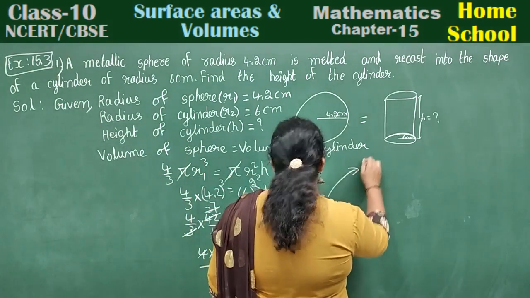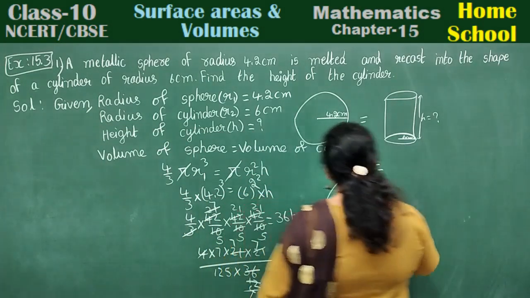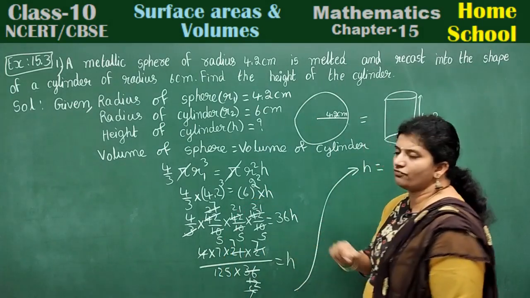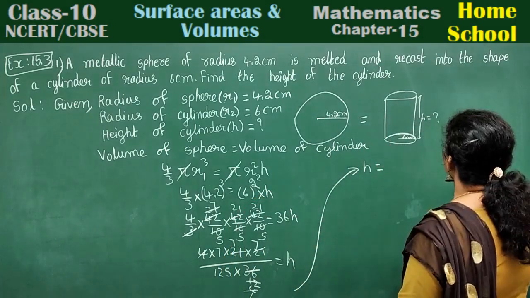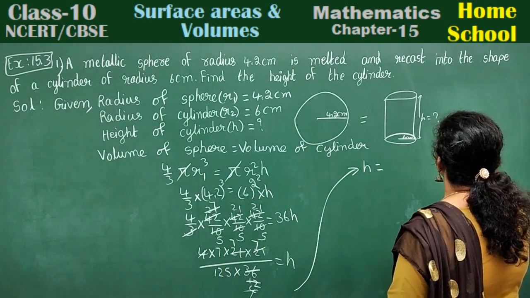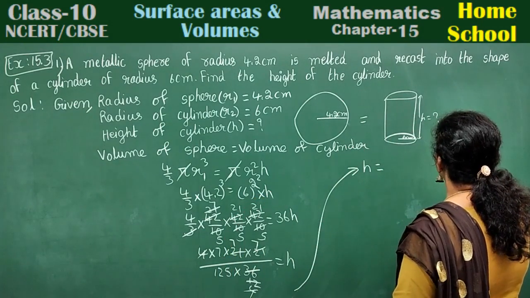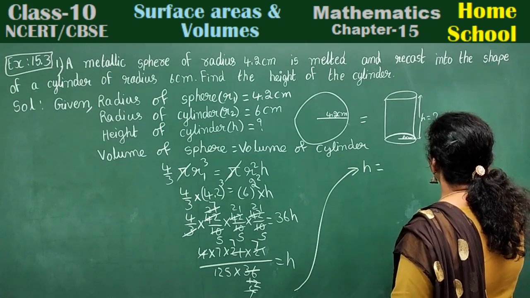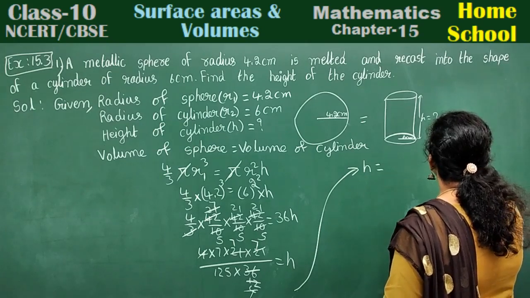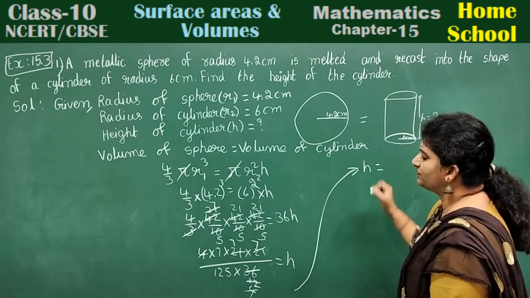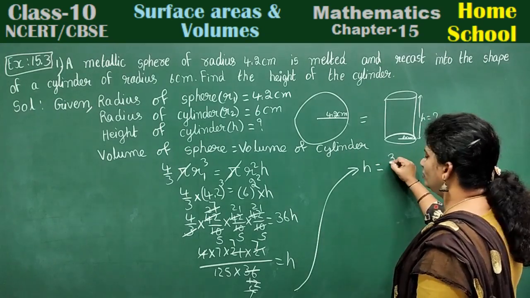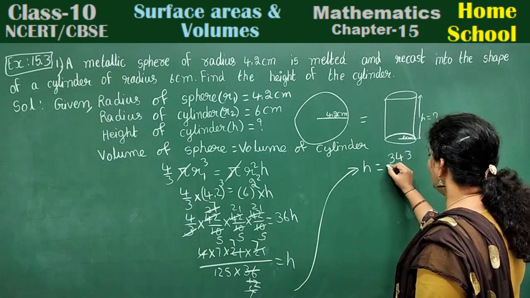H is equal to 7 7s are 49, 49 7s are 343. H is equal to 343 by 125.